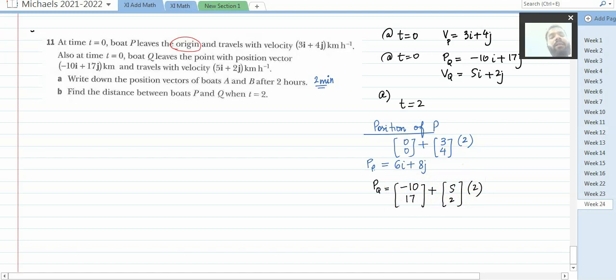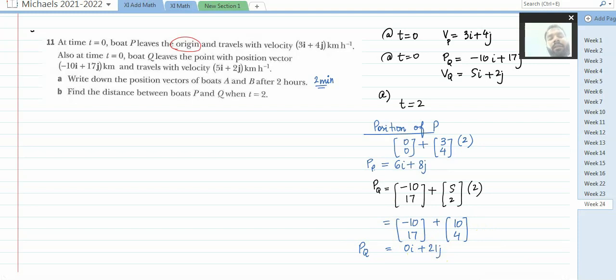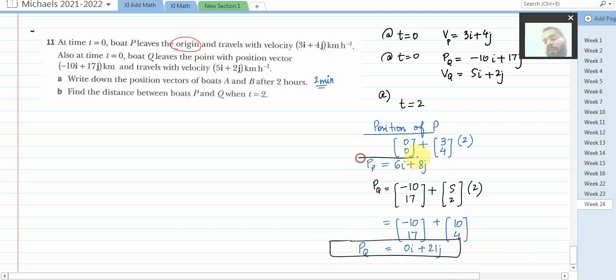It's easy to solve this one. 5 2s are 10, 2 2s are 4, add them: minus 10 plus 10 is 0i, 17 plus 4 is 21j. That is the position vector of Q. I hope all of you are clear on the position vectors of P and Q. That is your first part answer.